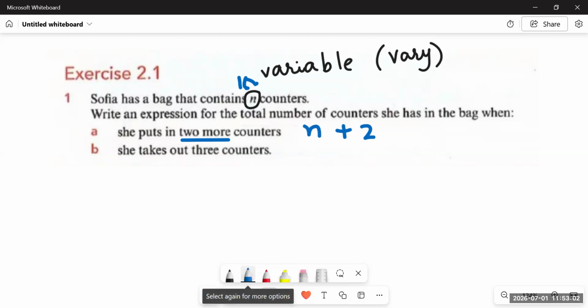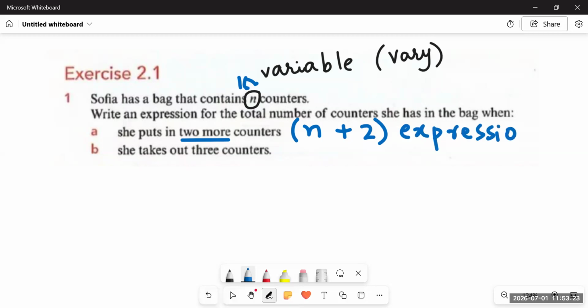This is called an expression. When we combine two or more numbers with variables and put the sign of plus or minus, it becomes an expression. So this is called a mathematical sentence containing variables and constants. Okay? The next one is she takes out three counters.